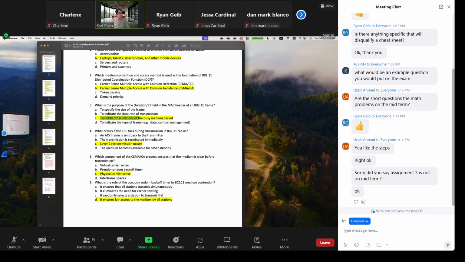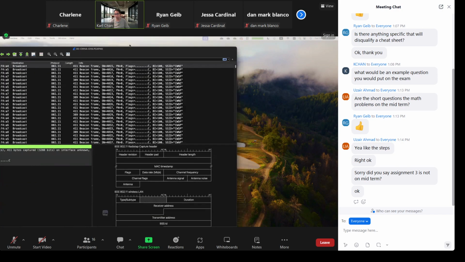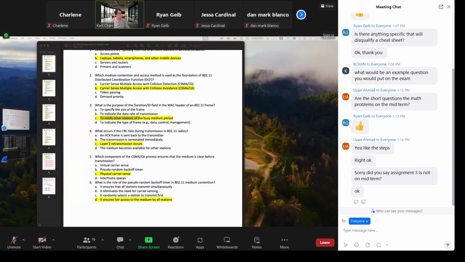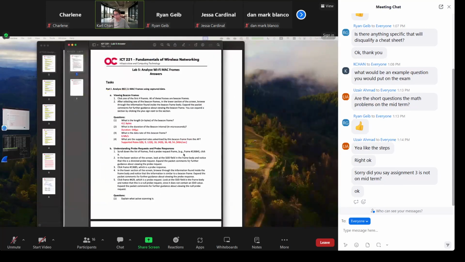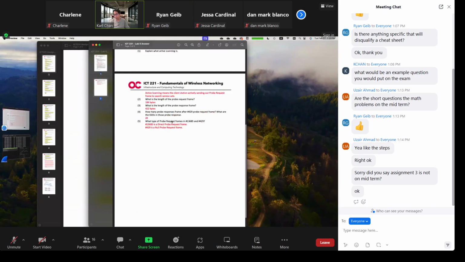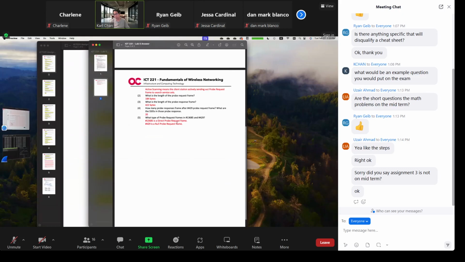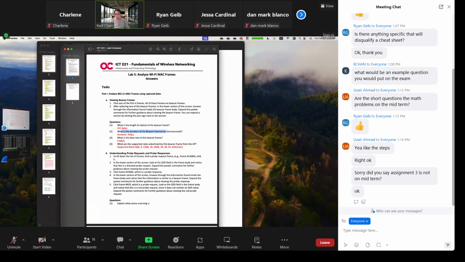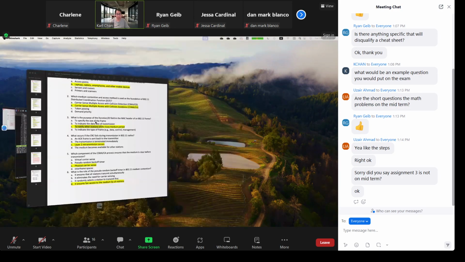So I have opened up Wireshark because in lab 5 I found that some of you were confused about the duration ID, the duration of the beacon frame and the duration ID field.